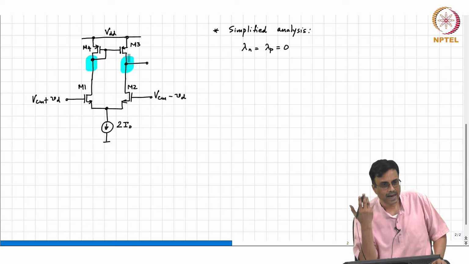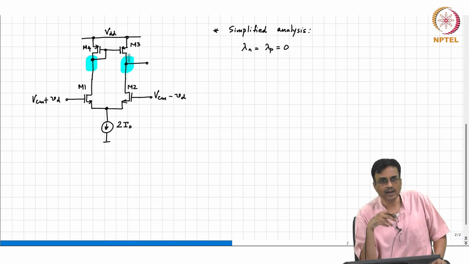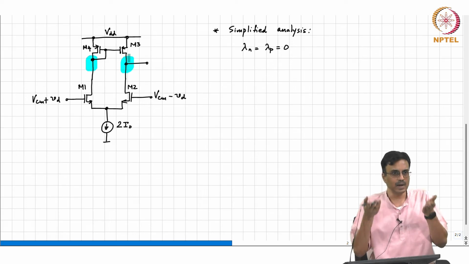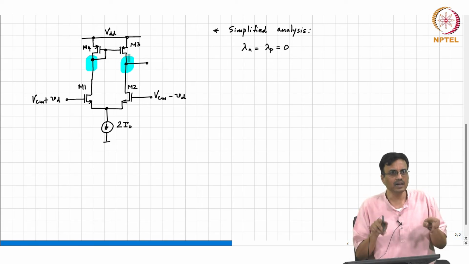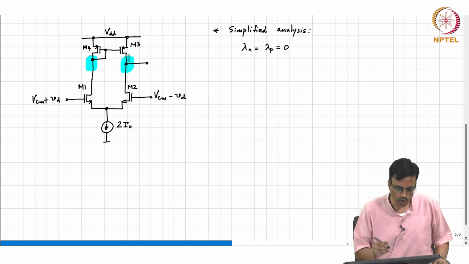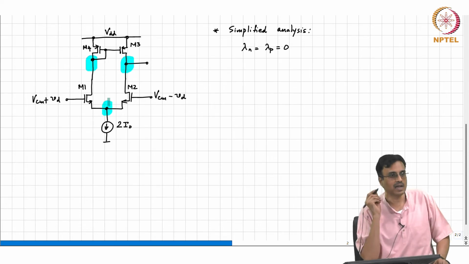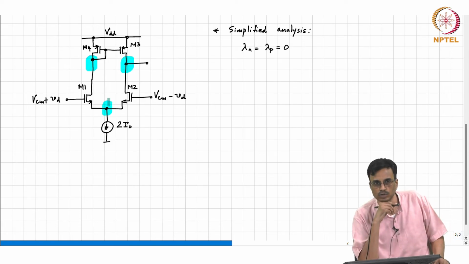Well, that basically means that the incremental drain source resistances of both transistors M1 and M2 are infinite, and in English what that means is that their drain potentials have no bearing on the drain current, correct. So, under those circumstances, what comment can you make about the incremental voltage at the common source node?